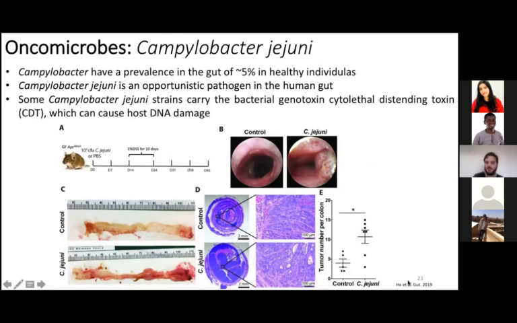So this is showing work from He et al. in Gut 2019, showing that again mice that were administered these strains of Campylobacter jejuni that had CDT had an increased number of tumors in their colon, and you can also see their colon is very different from those control mice.